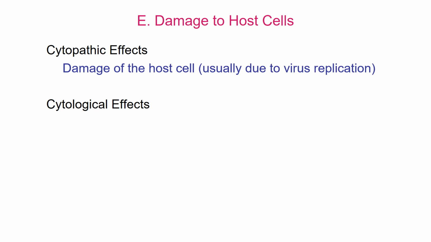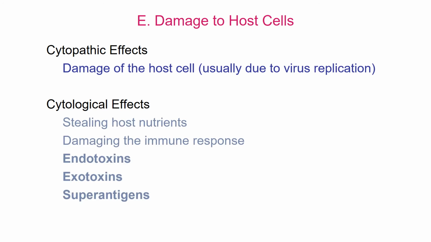In the case of something like Ebola, it's destroying a lot of tissues, and people in some extreme cases are actually bleeding out because their tissues are getting damaged. Cytological effects often refers to endotoxins or exotoxins, or in some cases superantigens, things that they're secreting or releasing that are causing damage to host cells. We'll talk about these in a moment.